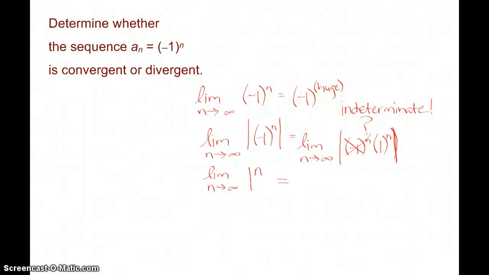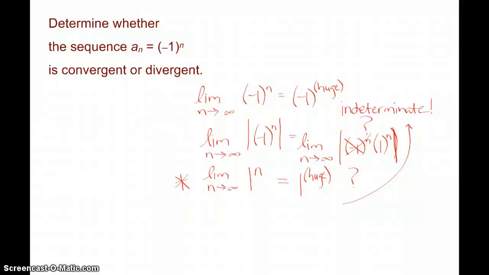So let's look at this one. Well, this is +1 to the huge. This is still indeterminate. We still don't have any idea for large input values whether that's heading to a single value or not. This is a case where our one and only sequence convergence test fails us. So now we're going to have to figure out other things to do. What else could we do?